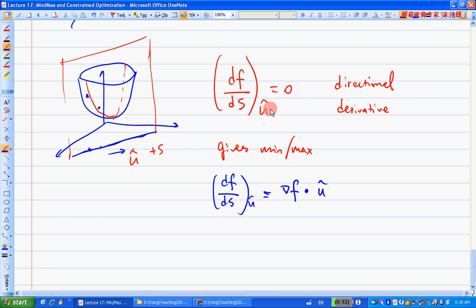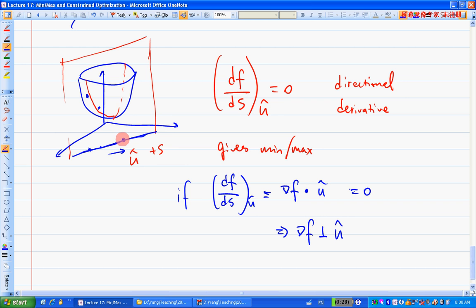So if the directional derivative is 0, so if this is 0, this is a vector, this is a vector. Dot product of two vectors equal to 0 means the two vectors are perpendicular to each other, right? So that basically means del f is perpendicular to u hat.